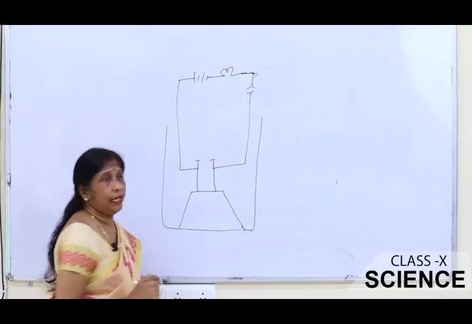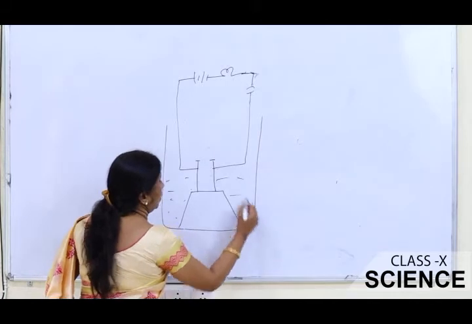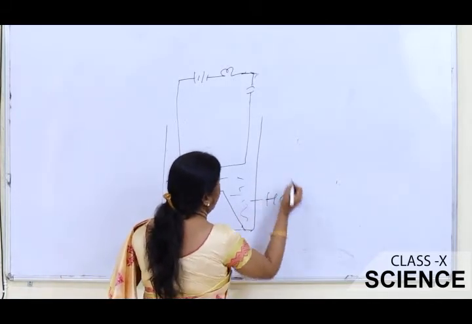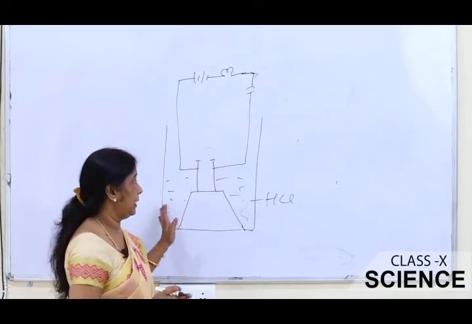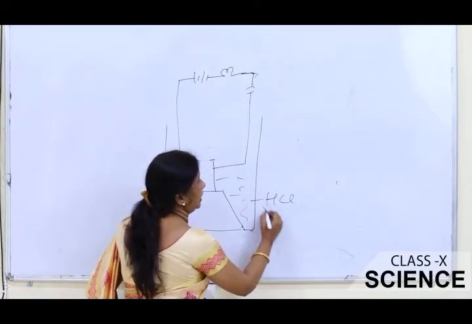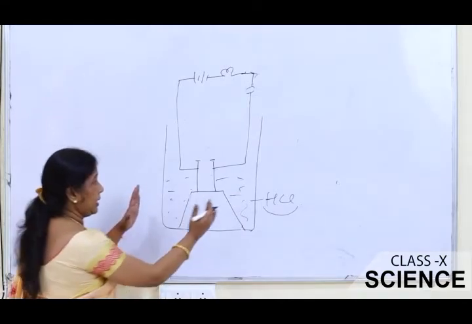Now what I am going to take in this beaker is water. This water is mixed with HCl. I will put some HCl into this beaker. We have taken this beaker, taken water in it, and added HCl into it. Now the apparatus has been set up.